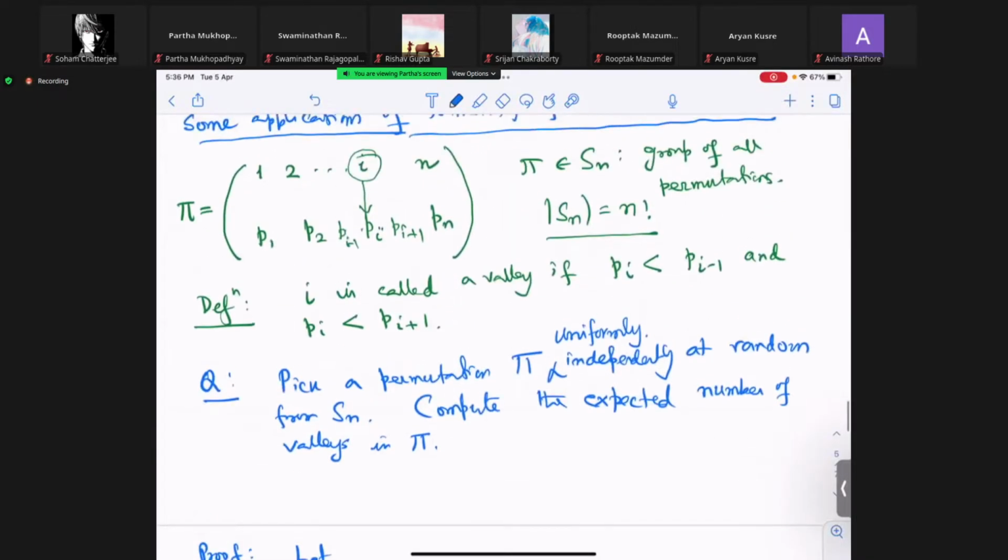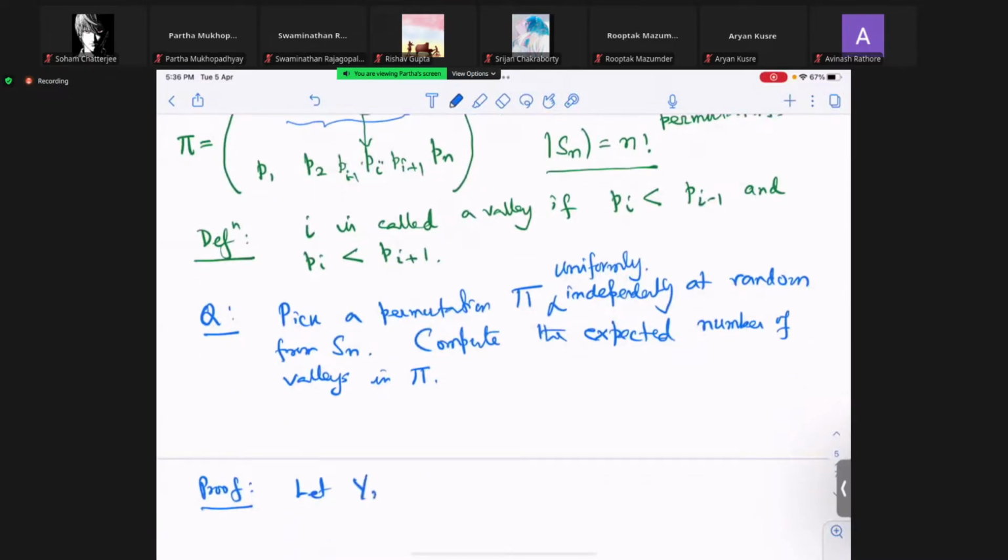So my random variables will be n random variables, right? Any of these n numbers could be a valley. So with each such number I will associate a random variable. Just notice one thing: i could be a valley only if i lies between 2 and n minus 1. n and 1 cannot be valleys. There is nothing to the left of 1 and nothing to the right of n.